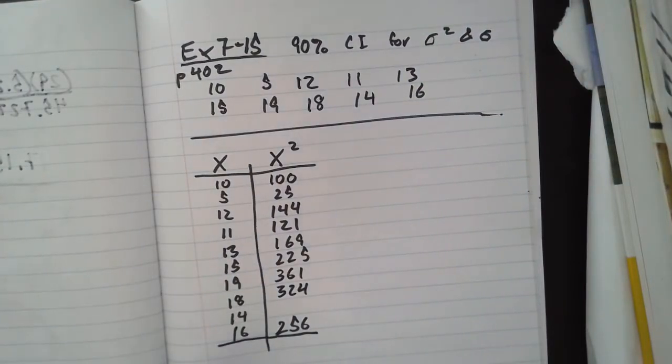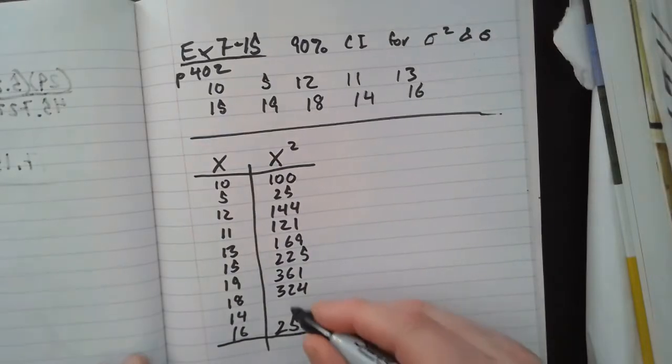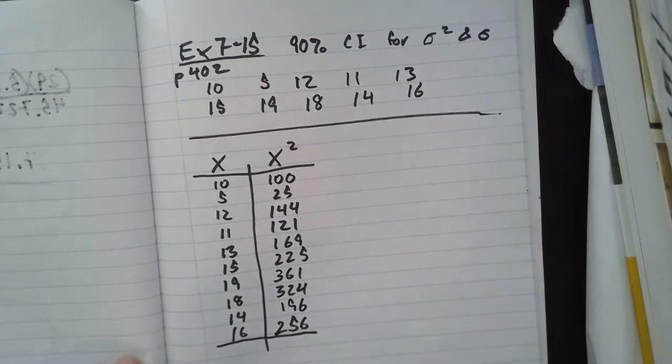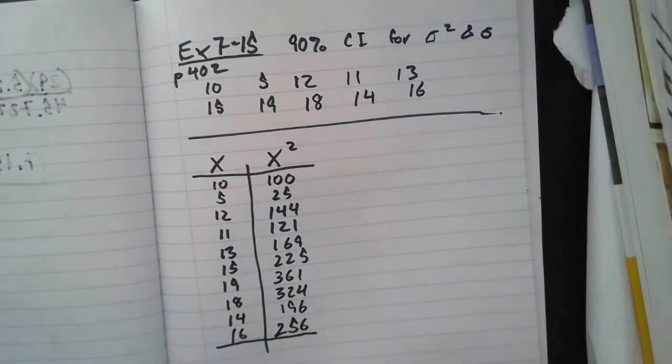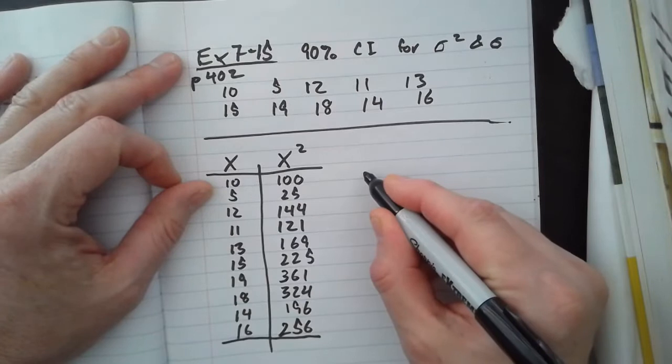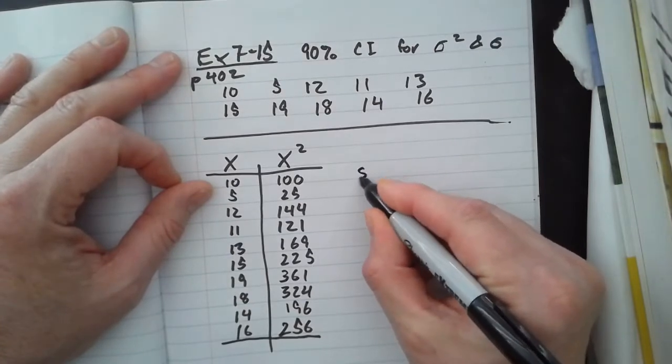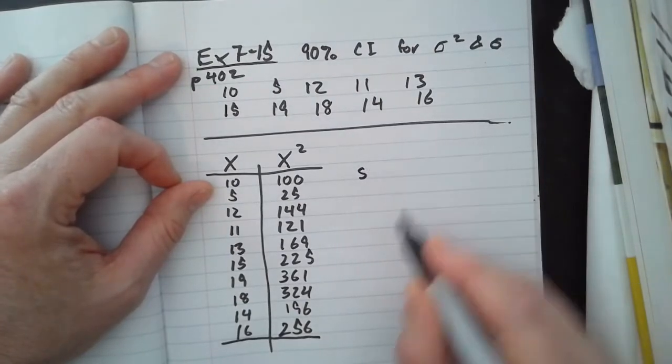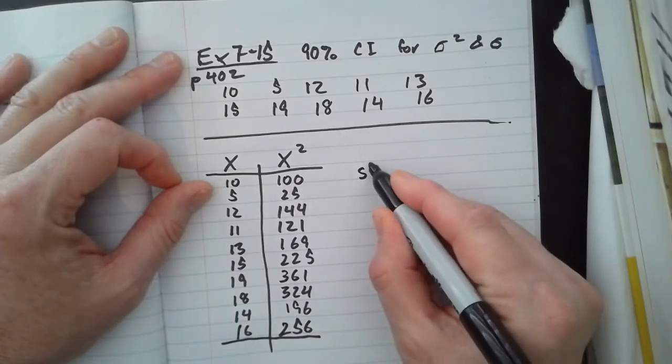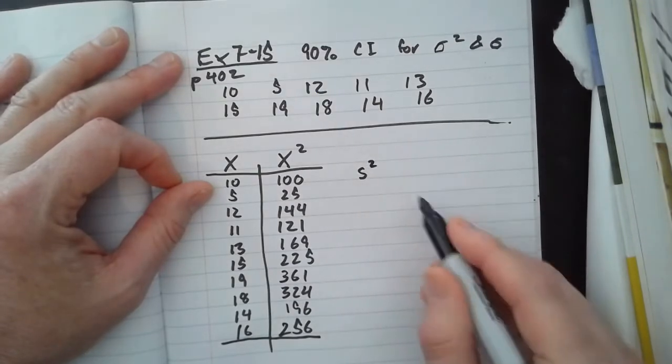Then what do we do? Yes, that's right. Then we add them all up, and then we plug them into our formula for sample standard deviation or sample variance, right?